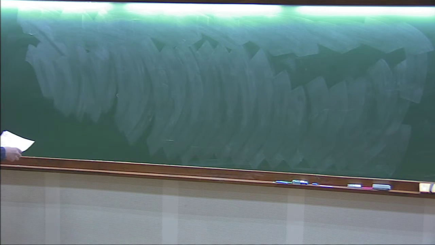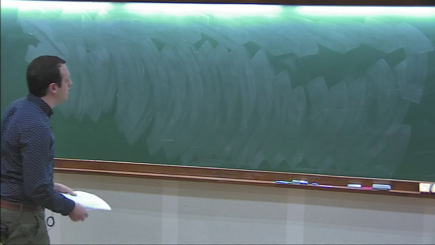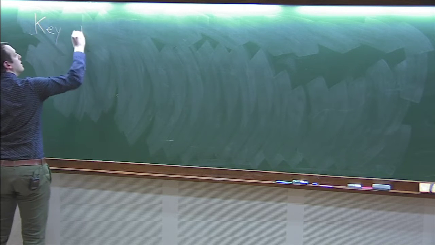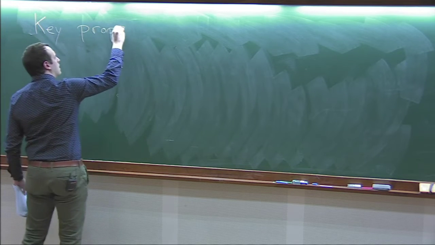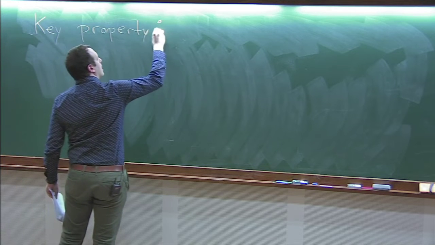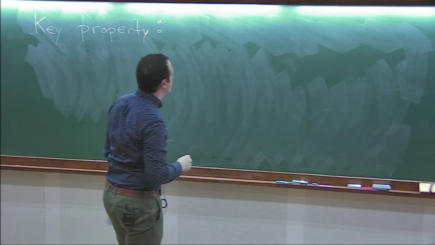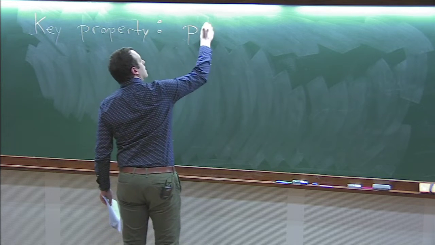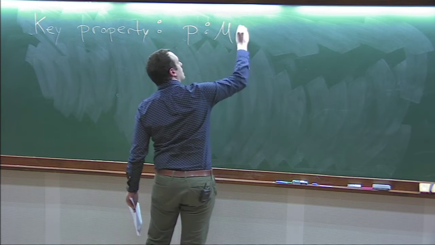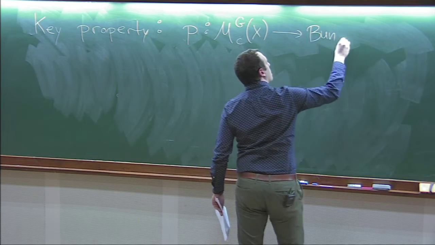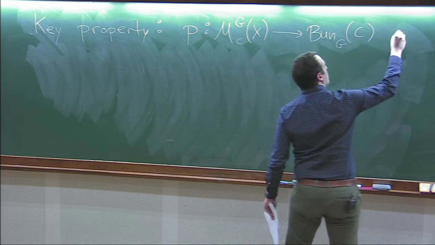So I guess I should say the key property here, and the reason why we allowed the bubbling, this won't be clear until later, but I can state it now. The projection map mapping this moduli stack MCG of X to Bun G is proper.